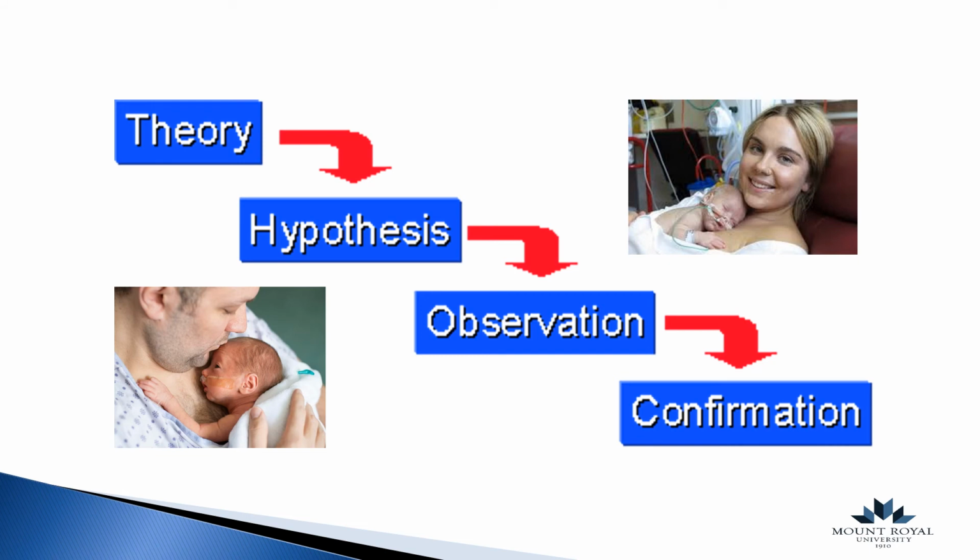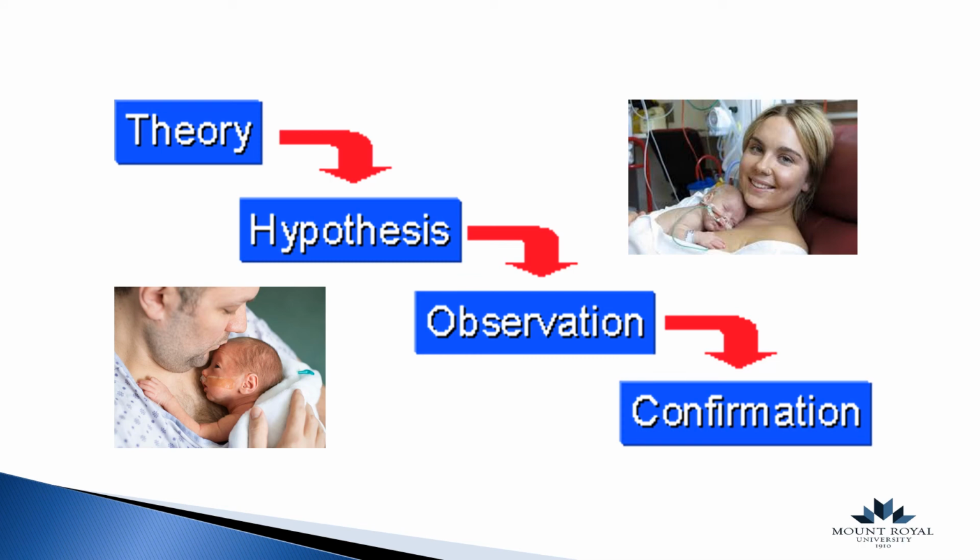I'm going to give you another example. One of the things we've learned about kangaroo mother care is the impact on the baby. Babies often have better temperature regulation. They have better oxygen saturation levels. Their respiratory rate will often stabilize during kangaroo mother care, and sometimes these babies even grow better.